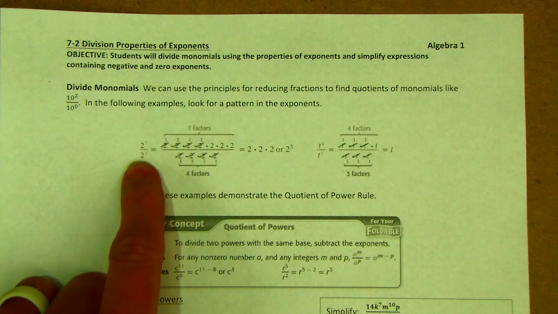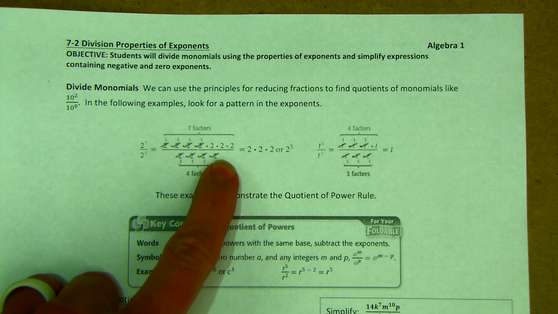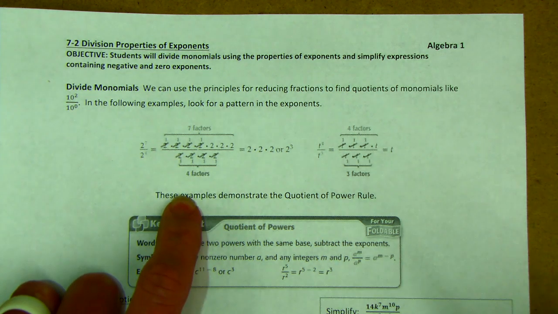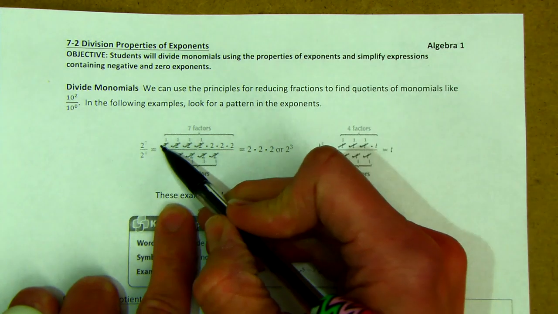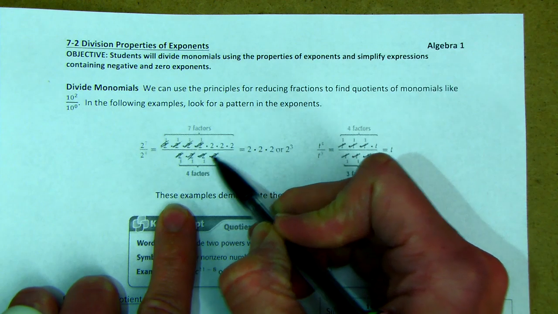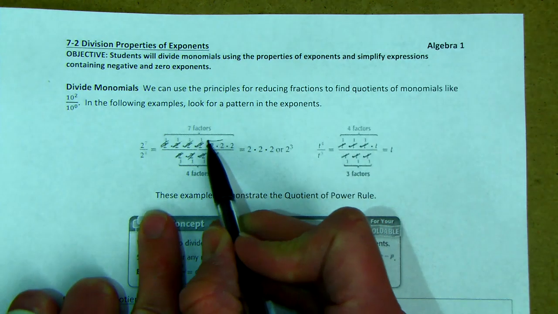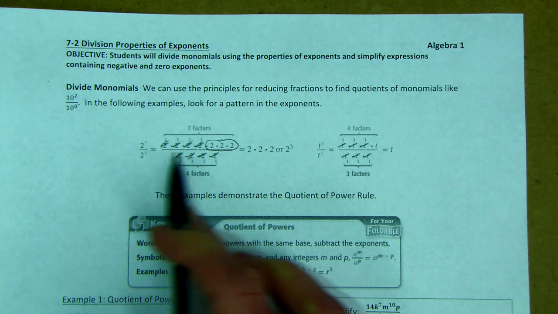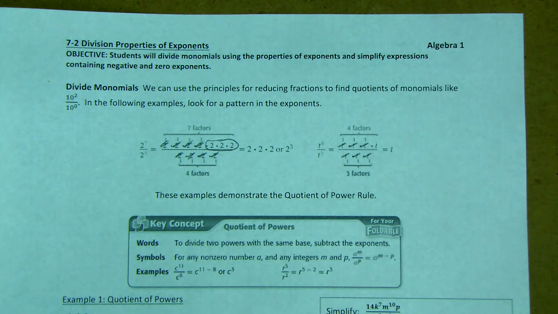If it's 2 to the 7th, that's 7 2's on top, and 2 to the 4th is 4 2's on the bottom. And if you were to use your elementary math and cancel out those 2's, you would find you'd have 3 left over. So 2 to the 3rd, which really is just 7 minus 4. So that's how that works.